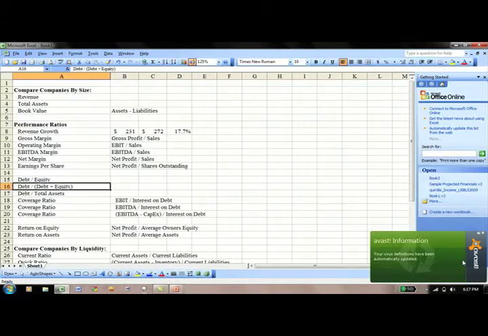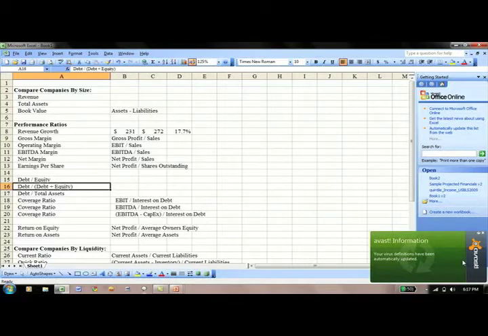And the way we do this in the financial world is you take the equity on the balance sheet at the beginning of the quarter, you take the equity on the balance sheet at the end of the quarter, and you add those two and divide it by 2 to get an average. So you take your net profit for the quarter and you divide it by that average equity for the quarter to get your return on equity.